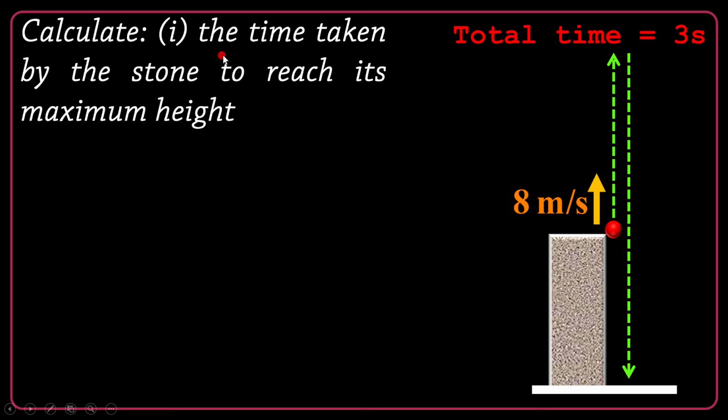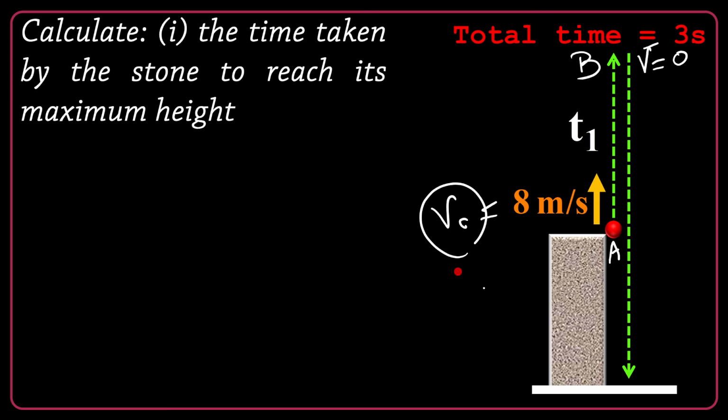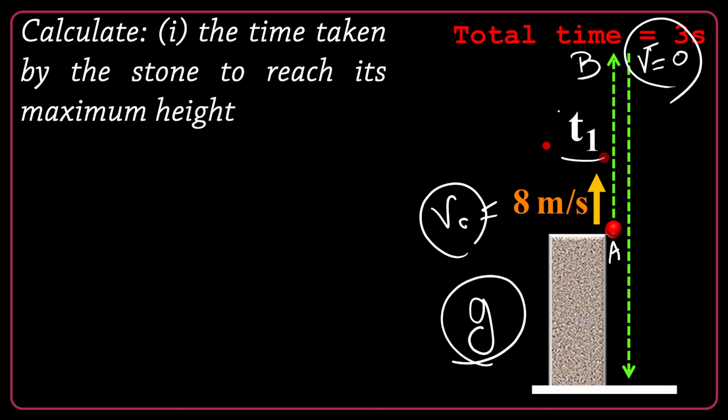Part I, calculate the time taken by the stone to reach its maximum height. Let's say it's t1, the time from point A to the point B. B is the peak point. Pay attention, the velocity at B, the peak point, will be 0. So I know the initial velocity, I know the acceleration, I know the final velocity, and I'm looking for t. The best and easiest equation, matching the given and wanted quantities, is v equals negative gt plus v naught, and my goal is t.